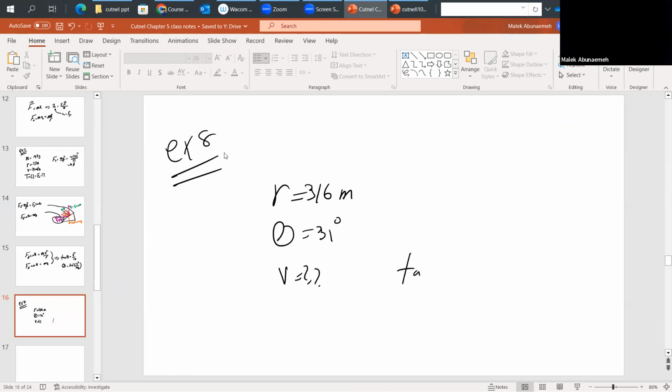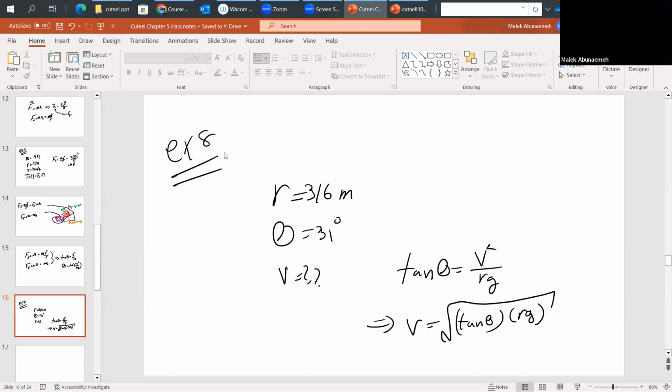We know that tan theta, that we just said, is v squared over rg, which means that v is going to equal the square root of tan theta multiplied by rg.